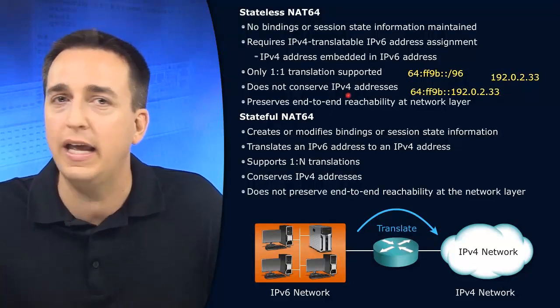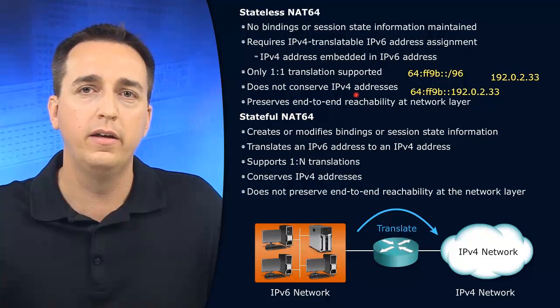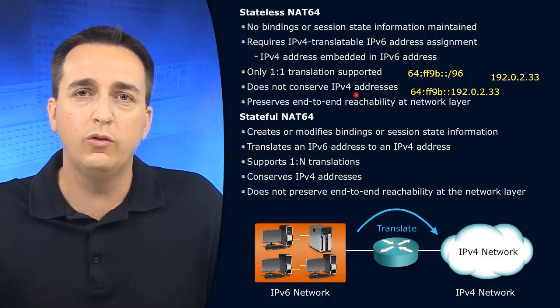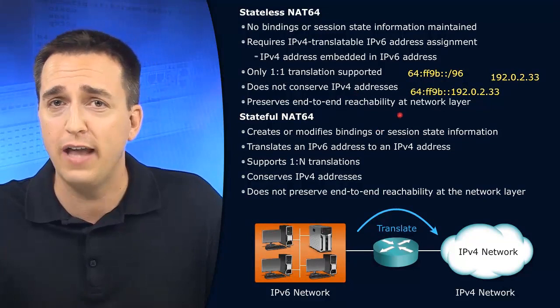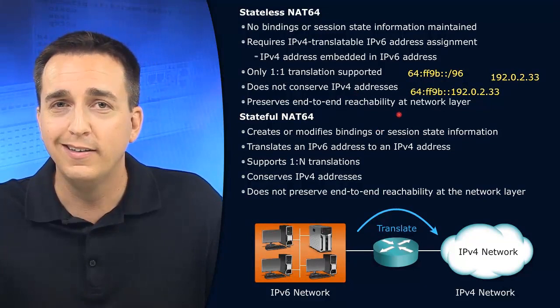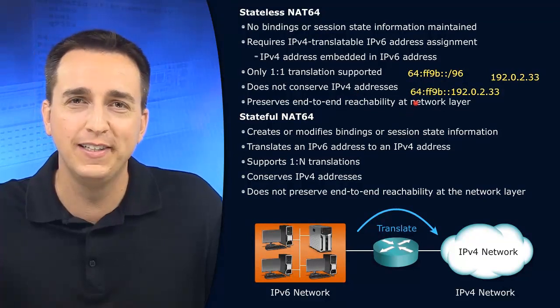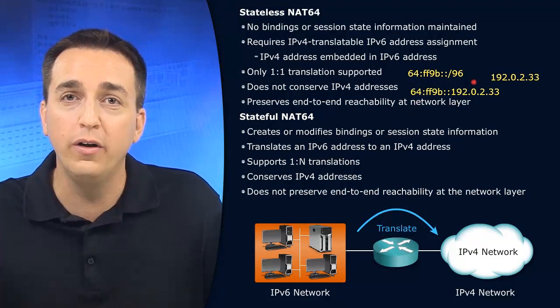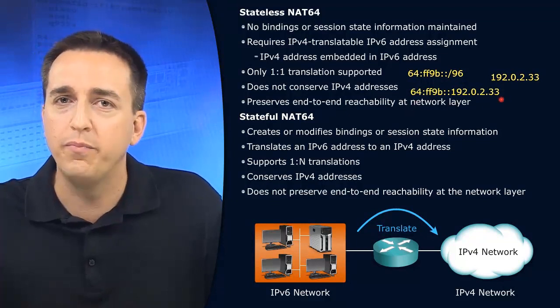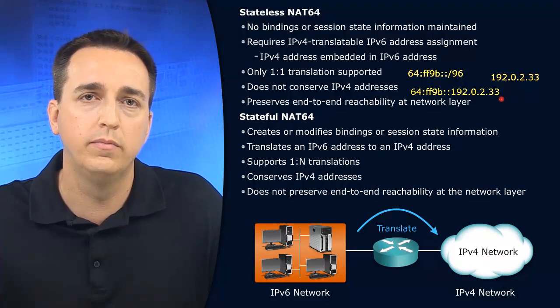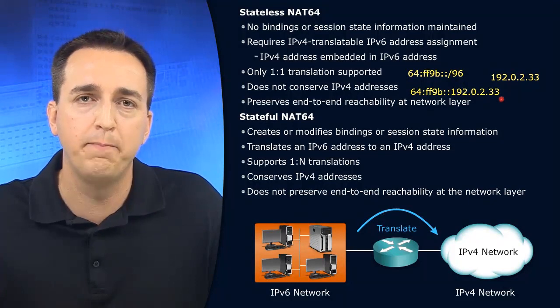So we're not conserving any IPv4 addresses here. So if you have 250 users in your network, which is a small number for most networks, they will need each their own public IPv4 address. And that's going to be tough to come by.